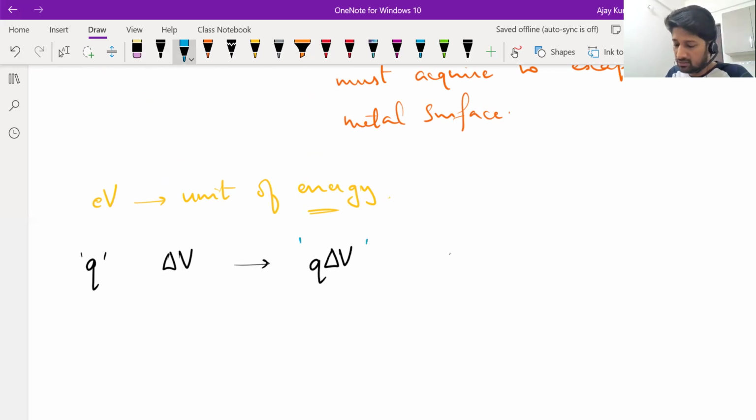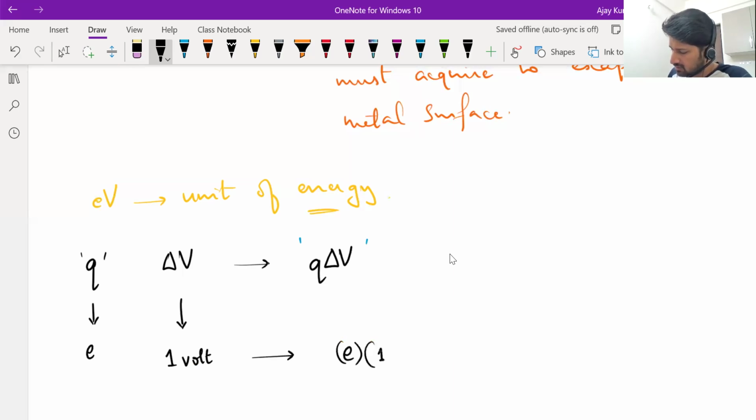Okay. Now, if the charge is equal to that of an electron, that is 1.6 into 10 power minus 19 coulombs, and if the potential difference is 1 volt. Okay, if the charge of an electron is taken through a potential difference of 1 volt, then how much energy will it gain? The charge is e and the potential difference is 1 volt.